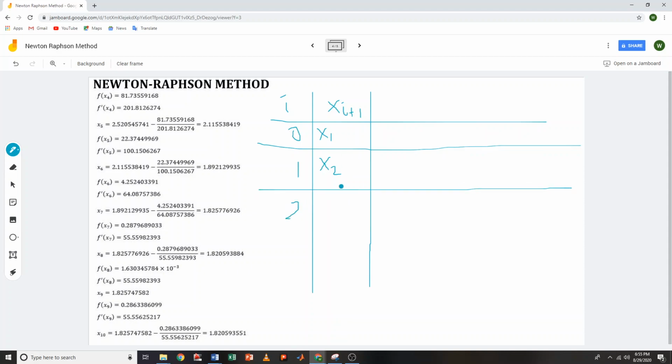For i equal to 2, this is x3. So put the value there. I think you should also put the value of the error here. The specified error should be less than or equal to the specified tolerance error. Okay, that's it. Let me go back here.